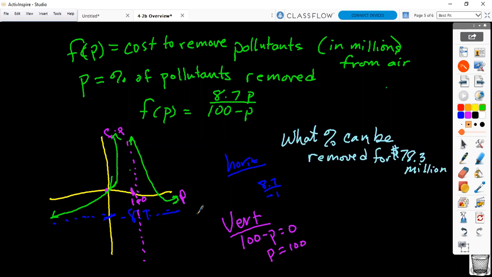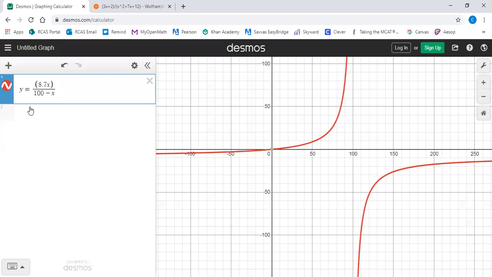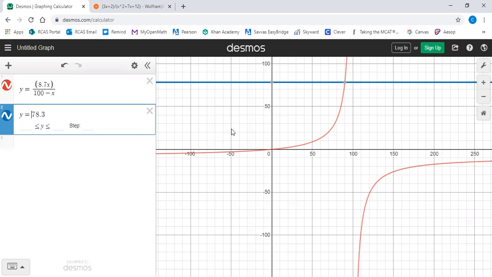The last part of this question, it says, what percent can be removed for 78.3 million? My preferred way to do that would be to come back to Desmos again, put in a second equation that says 78.3, let's see, that'd be y equals when my cost is at.